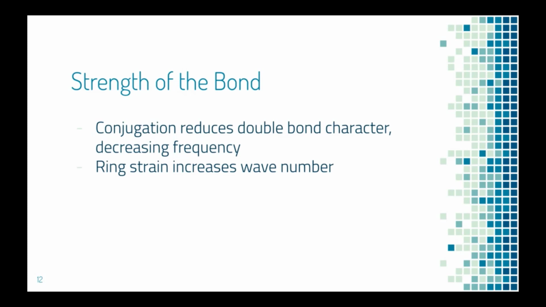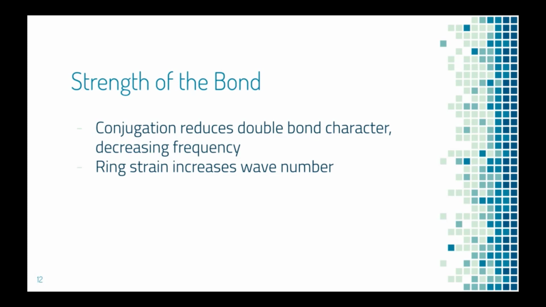Similarly, ring strain increases wave number. Having that ring strain would strengthen and make that bond more rigid. And so because of that, the effect would be opposite, and we would have a higher wave number. That definitely comes into play when we're looking at the IR, because it would cause some readings that we would typically expect to be at a certain number to be slightly higher or lower.